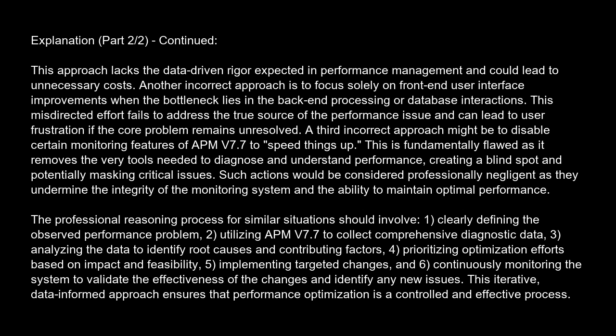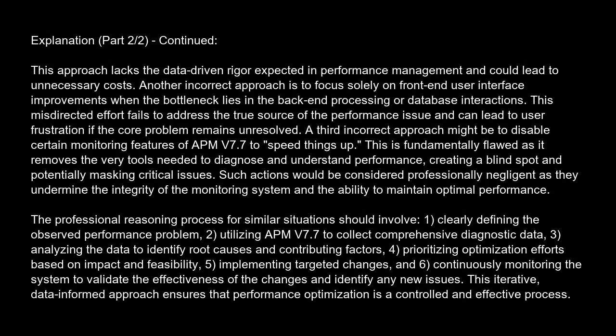Such actions would be considered professionally negligent as they undermine the integrity of the monitoring system and the ability to maintain optimal performance. The professional reasoning process for similar situations should involve: 1. Clearly defining the observed performance problem. 2. Utilizing APM v7 to collect comprehensive diagnostic data. 3.